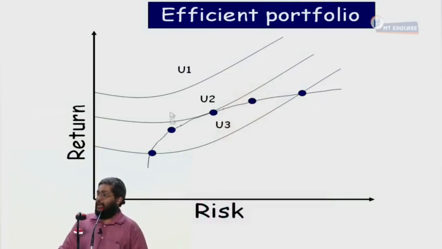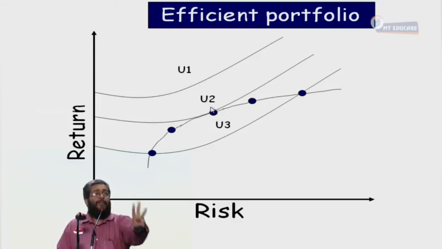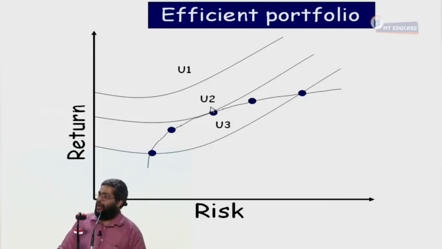I don't have any security in the market that falls on U1. On U2, I can find one security in the share market, called portfolio 5. On the third utility curve, I can find two securities: portfolio 3 and portfolio 6.